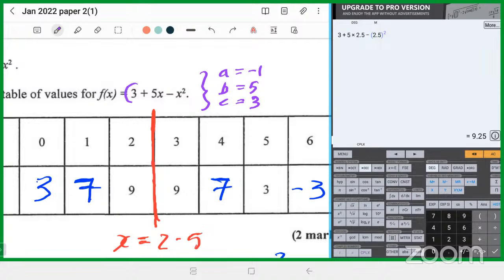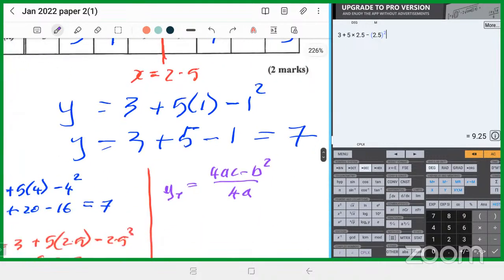Even if they put the constant term first, they still give it the letter C, because the rules and the formula that are developed are based on A, B, and C having those definitions. That's the A, B, and C that we're using down here.